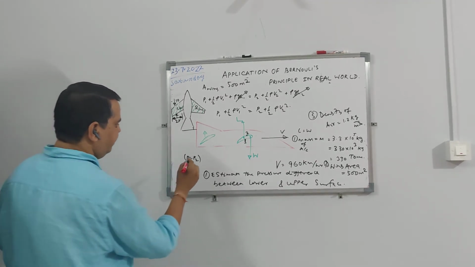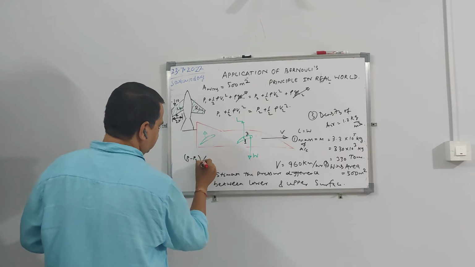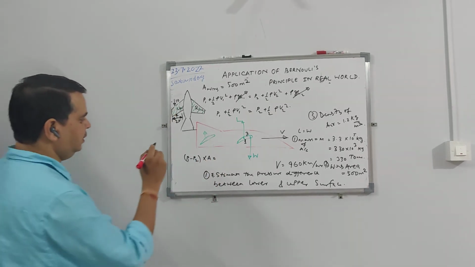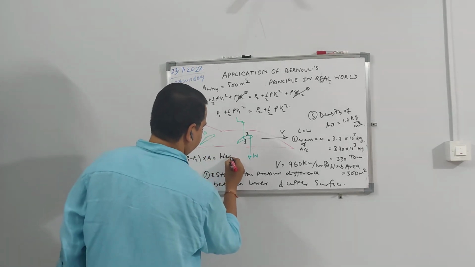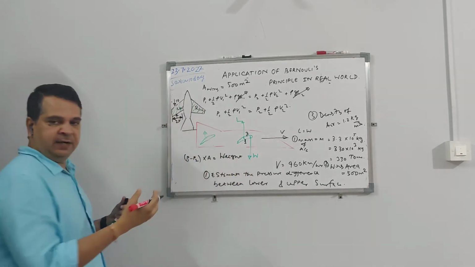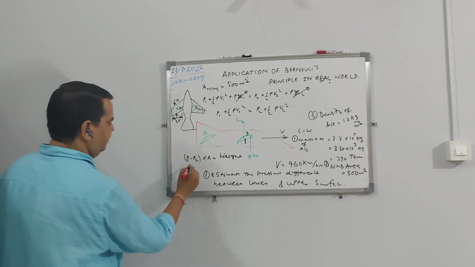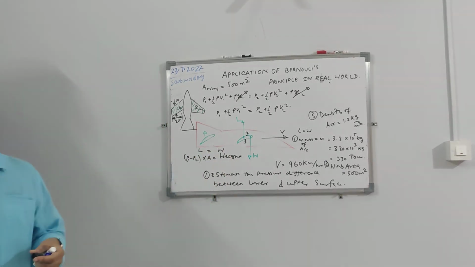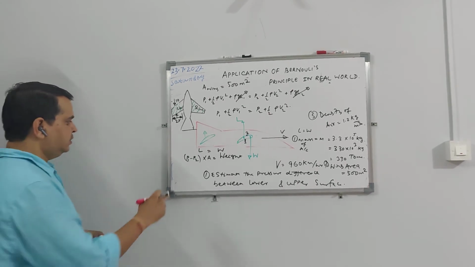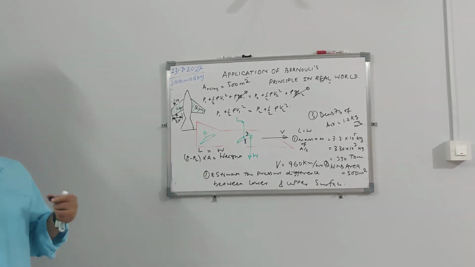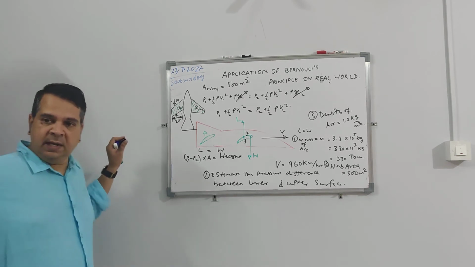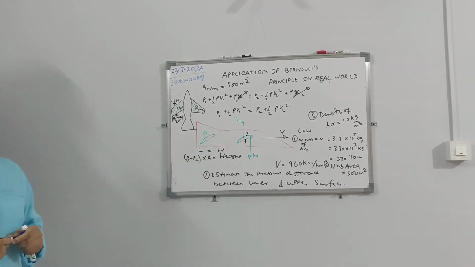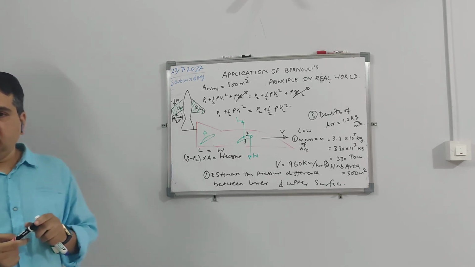P1 minus P2 into area is equal to the weight, because P1 minus P2 into area is nothing but your lift, and lift is equal to weight. Lift comes from the pressure difference, so lift is equal to pressure difference into area of the wing only, not the area of the aircraft. So P1 minus P2 into A is equal to my weight.